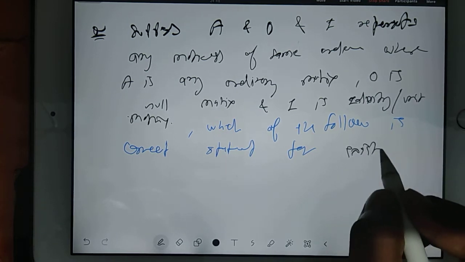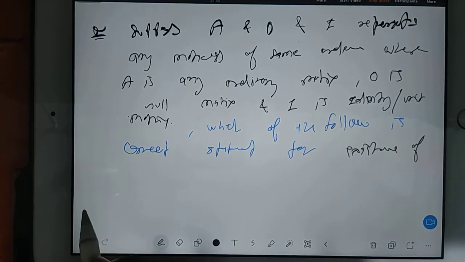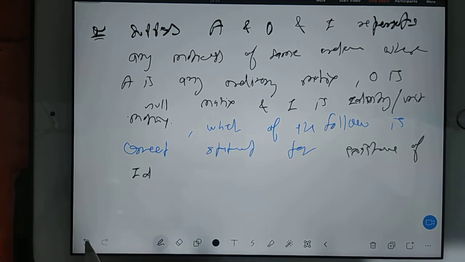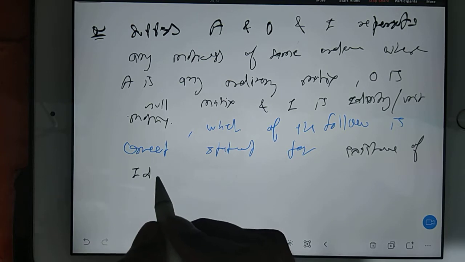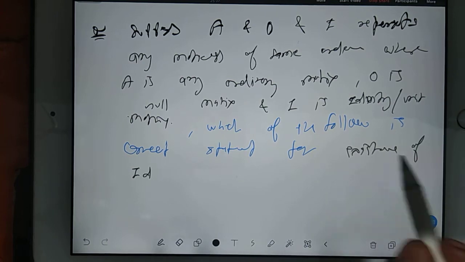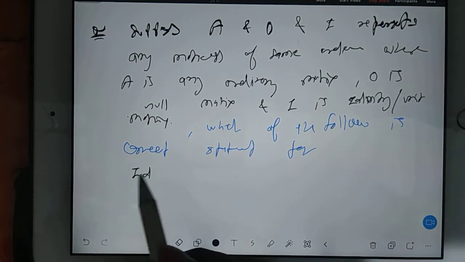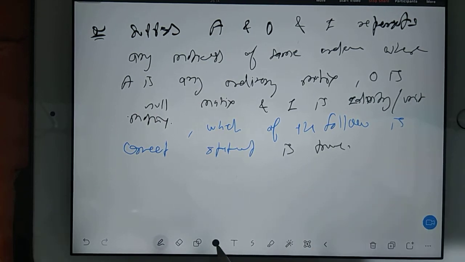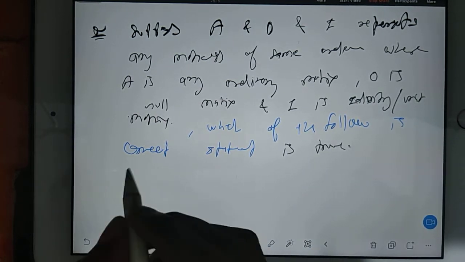I can make this question a little more tough. Which of the following statements is true? Then I will have a better chance.